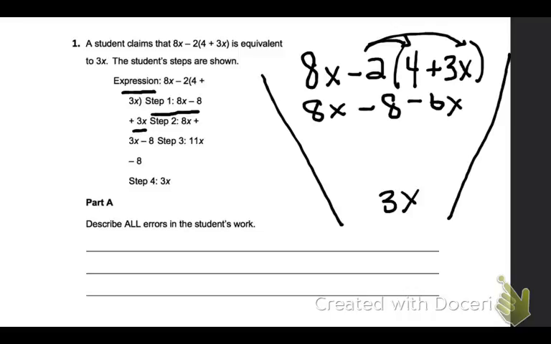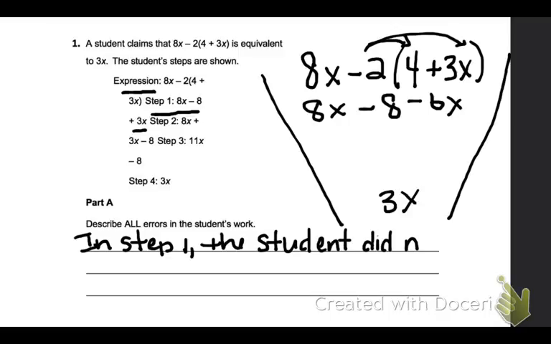So right away, I noticed an error. I noticed in step 1, the student did not apply the distribution property correctly.